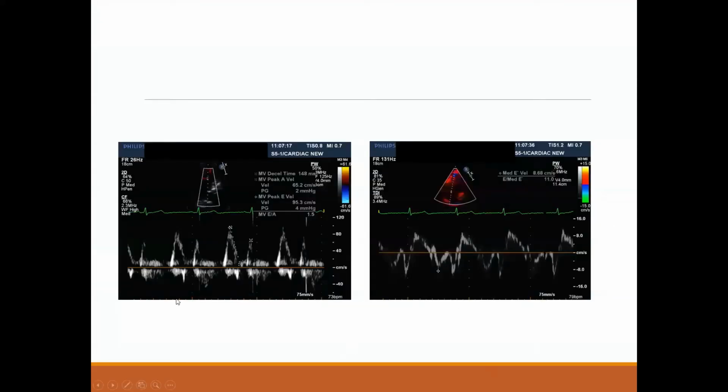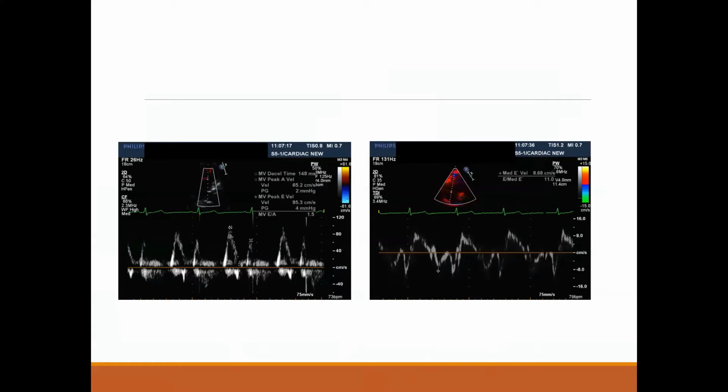Now, what is the grade of the diastolic dysfunction in this patient? You have E/A ratio of 1.5, E prime is 8.6, E over E prime is 11. So how could you describe this diastolic function?